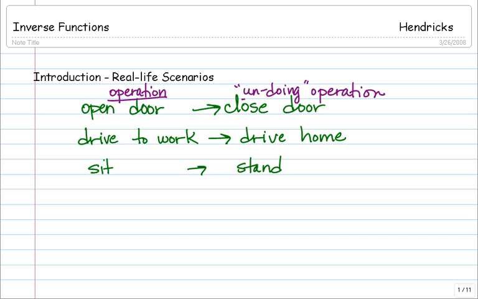I promise I'll get more mathematically precise in just a minute. So the question is, are there things that we can do that can't be undone? Hopefully you can think of some of those. You might have to take a minute, but there are lots of things that we actually do that we can't undo. Can you think of any?